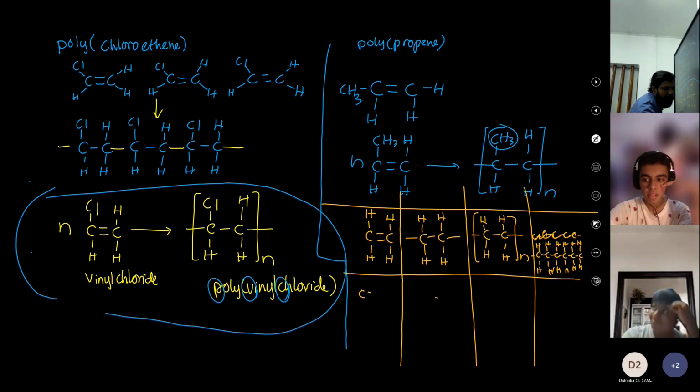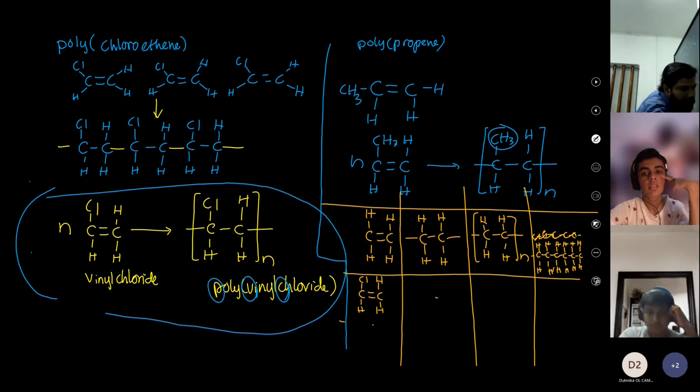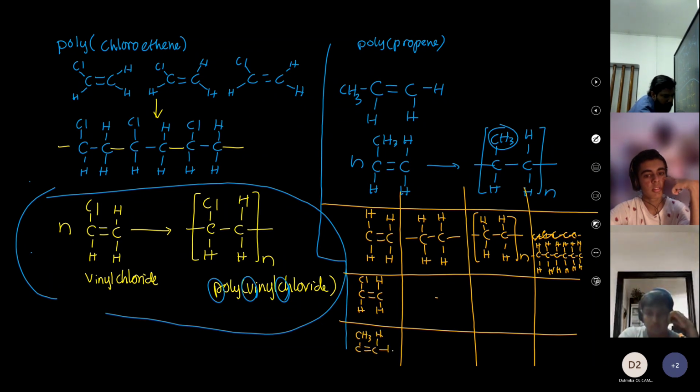Here, chloroethene. Next, propene. That's the third one. Fourth one, butene.